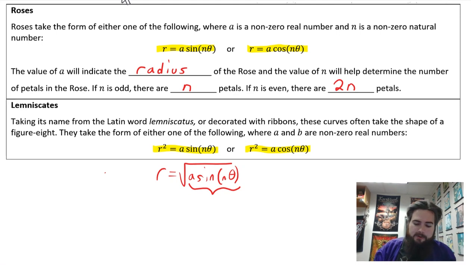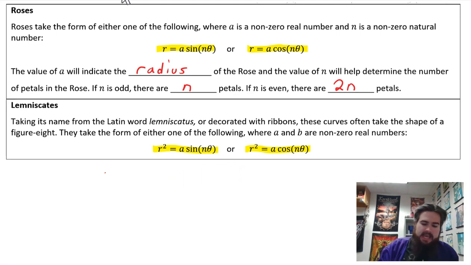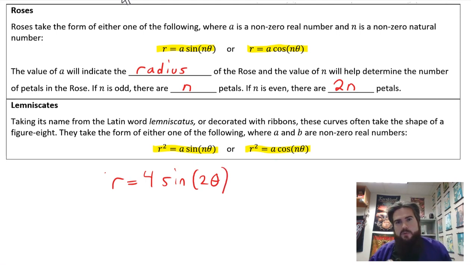So, for example, a rose of, let's say, 4 sine of 2 theta. This would normally be a rose with 4 petals because my value of n is 2, which is even.